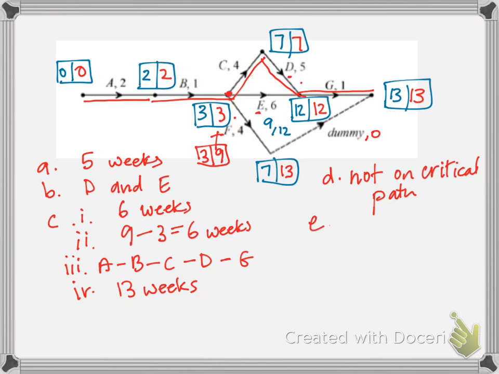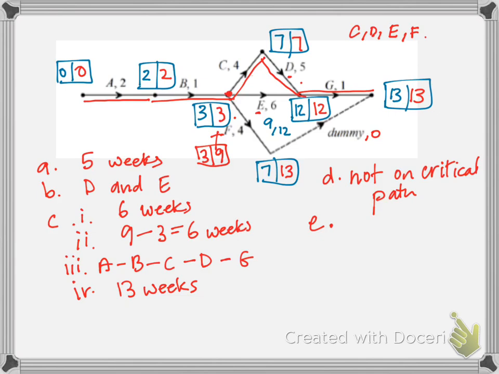Okay, and Part E. So some people got this. This is a little bit trickier. This is looking at crashing. And you've been told the activities you could crash are either C, D, E, or F. Now, for F, we've already said we're not going to look at that. It's not on the critical path.